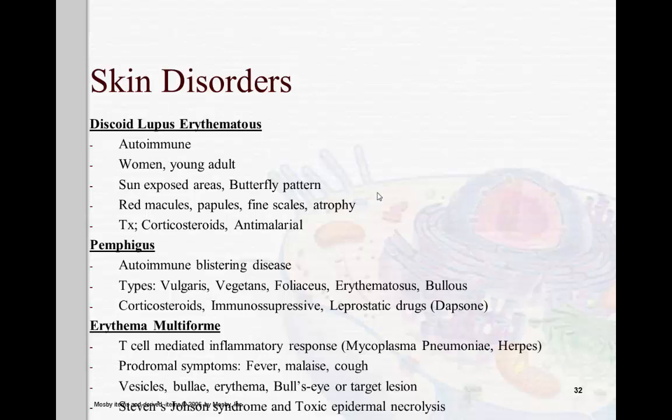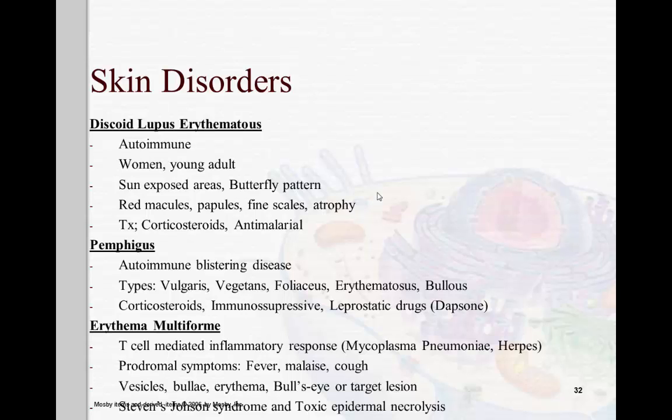Now let's talk about discoid lupus. Discoid lupus is basically an autoimmune disorder. If you remember, it's basically the manifestation of the skin by systemic lupus. It's basically a cutaneous lupus erythematosus that could be acute, subacute, or chronic. It is demonstrated by photosensitivity.